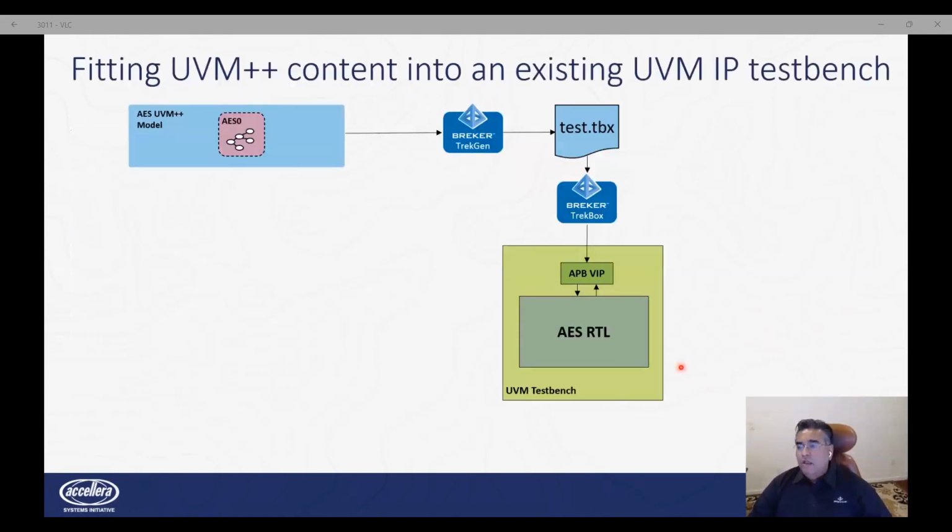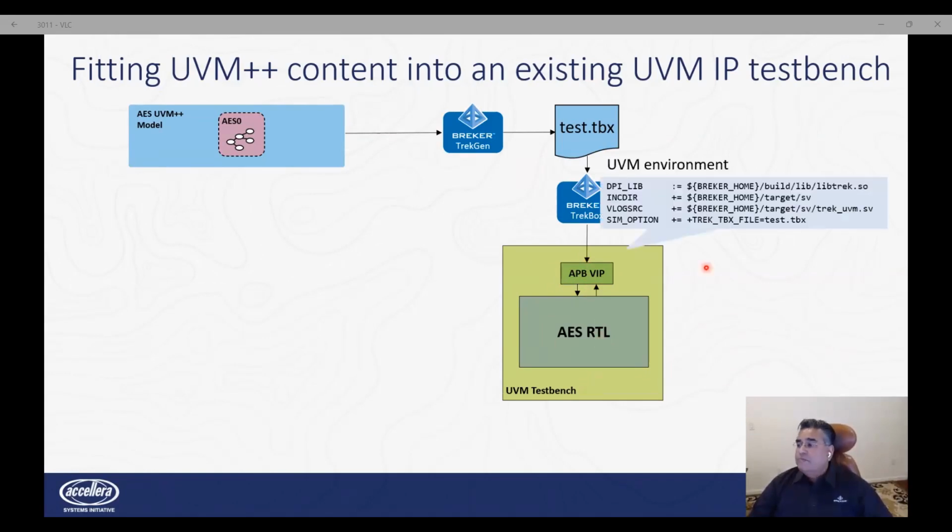Fair enough, you say. I can imagine writing that model, but how do I tie that into my existing test bench? So let's say we had a UVM unit bench for a little AES block, and its registers were written and read via an APB VIP. And imagine this is a working UVM test bench. You already have some sequences running on it. Maybe you already have a scoreboard within it, and so on.